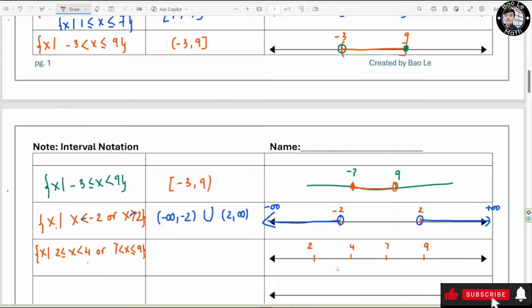Now 2 to 4 is going to be right here, right? Right at 2 we have equal sign, so this one should be closed circle, right? Right at 4 should be open circle. Now 7 to 9, this could be right here. Right at 7 should be open circle. Right at 9 should be closed circle. Right? Bracket 2, 4, union 7, 9.